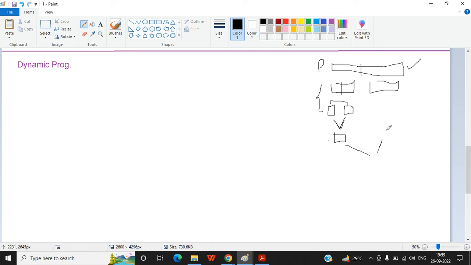You can find the solution of a subproblem without any dependency on the solutions of the other subproblems. You can solve a subproblem independently.